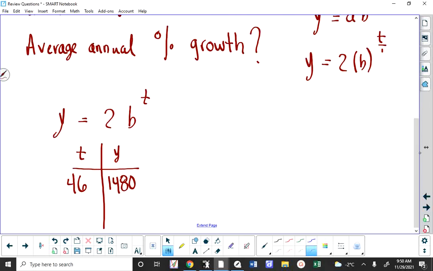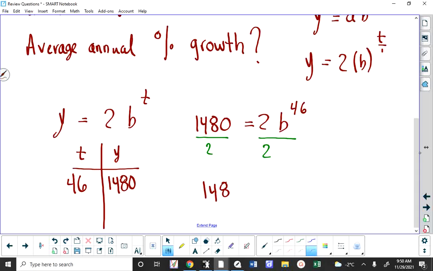And I want to go through the solution to this because there's two layers to the solution. And the first one is just what are we going to do to get b? So you put in 1480 equals 2 times b to the 46. So how do you get b? Well, we can divide both sides by 2. That's probably what most people would do.